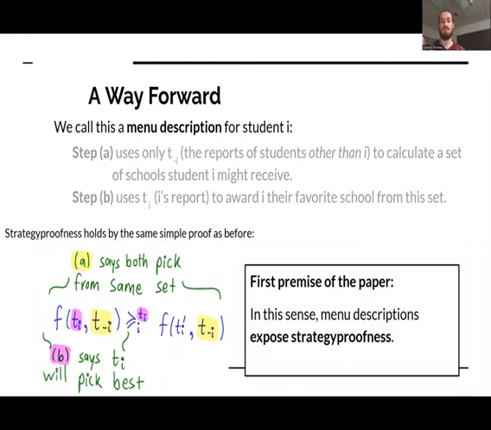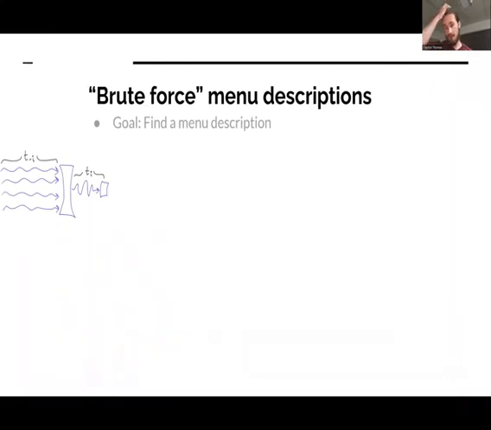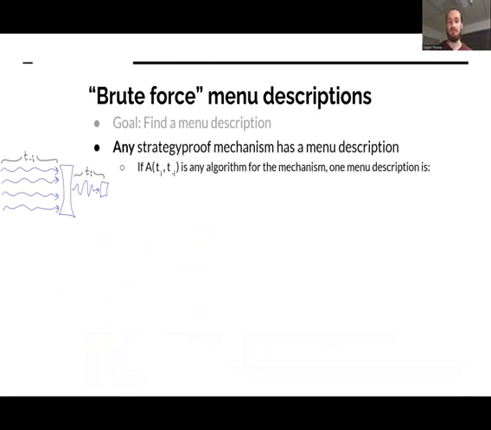And this finally brings us to the first premise, the starting point of the paper. In this sense, menu descriptions are one way to expose strategy proofness. The first thing to observe about menu descriptions, though, is that every strategy proof mechanism has a menu description.